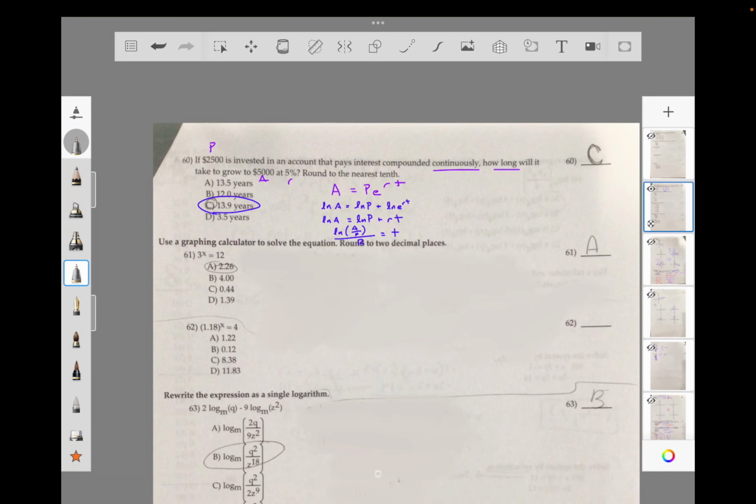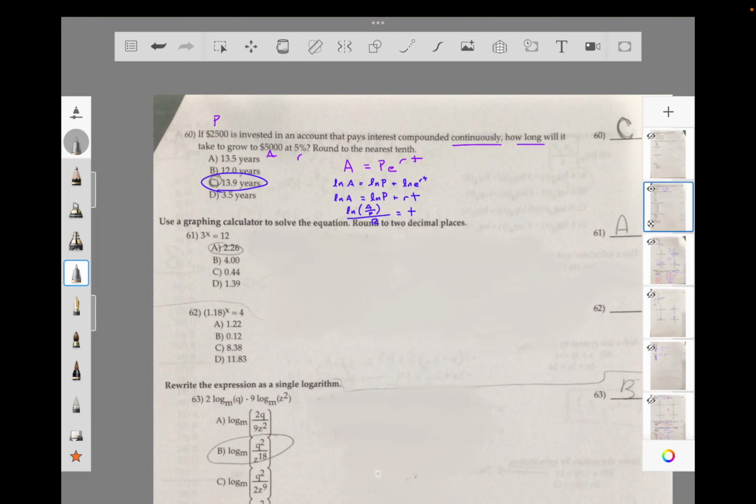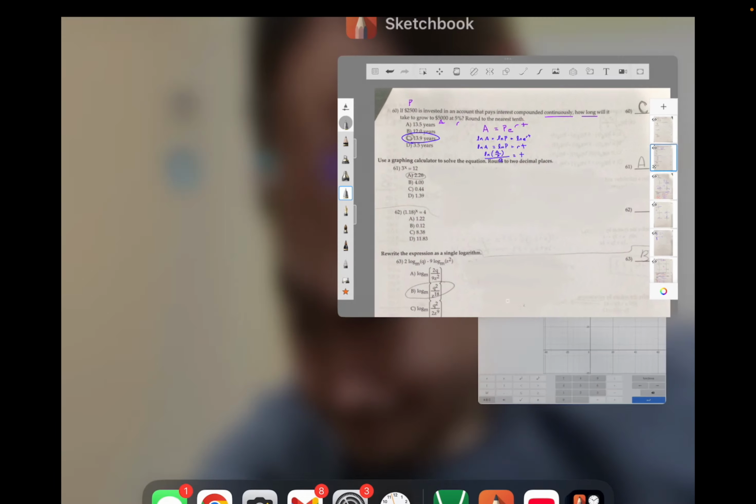Use a graphing calculator to solve the equation. Wait, you're allowed graphing calculators? Well, okay, I guess 3 to the x equals 12.